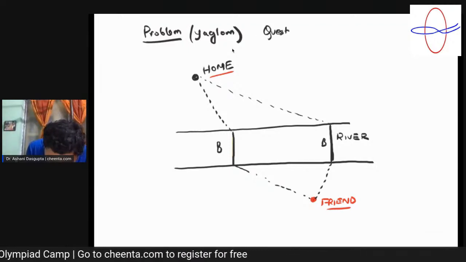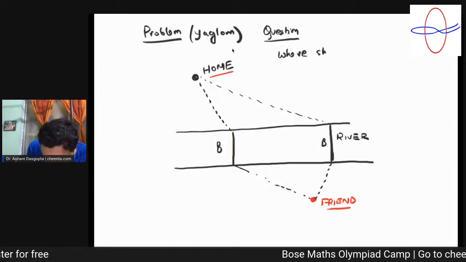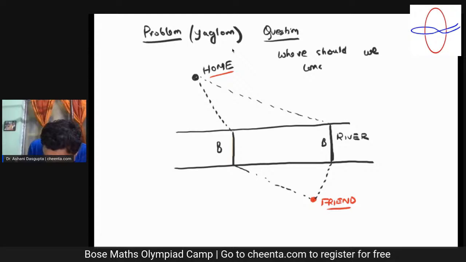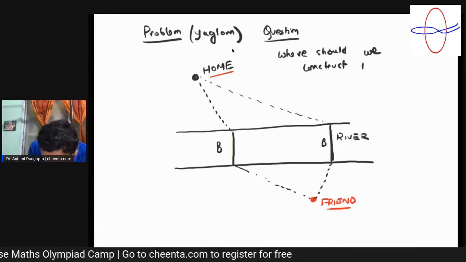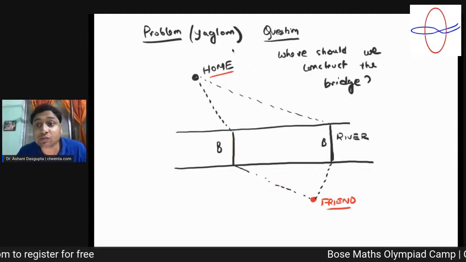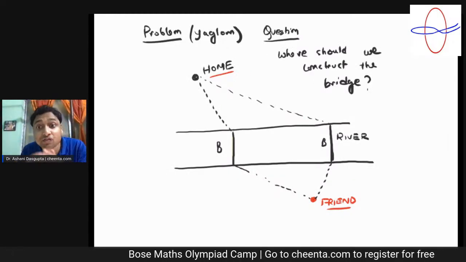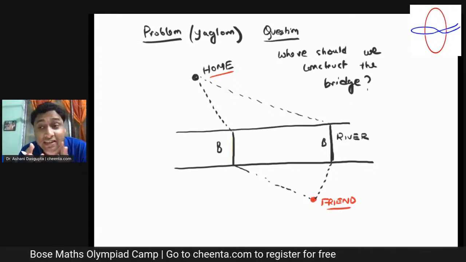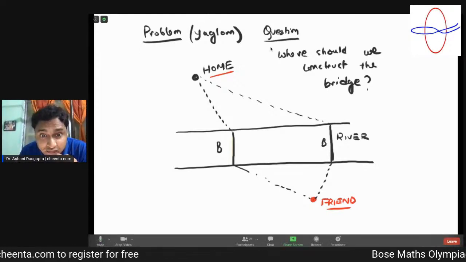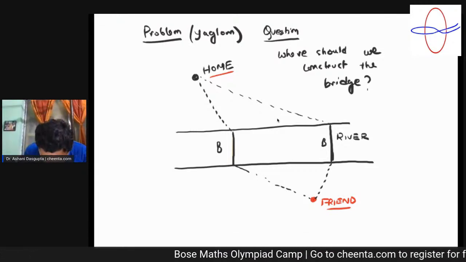Where should we construct the bridge? And our objective is to minimize the distance traveled. That's what we want to do. So I will clear up a little bit of this.